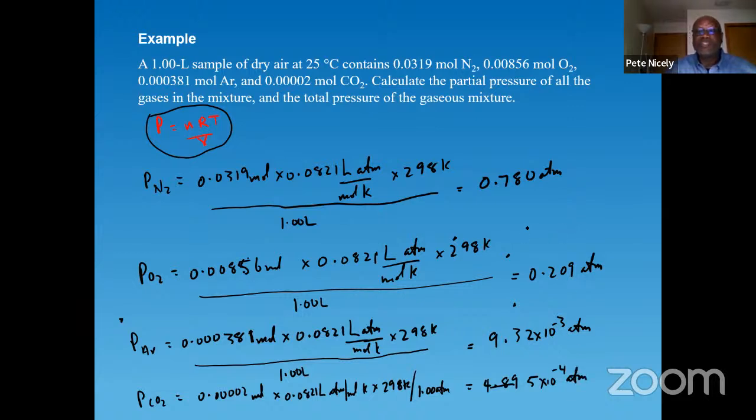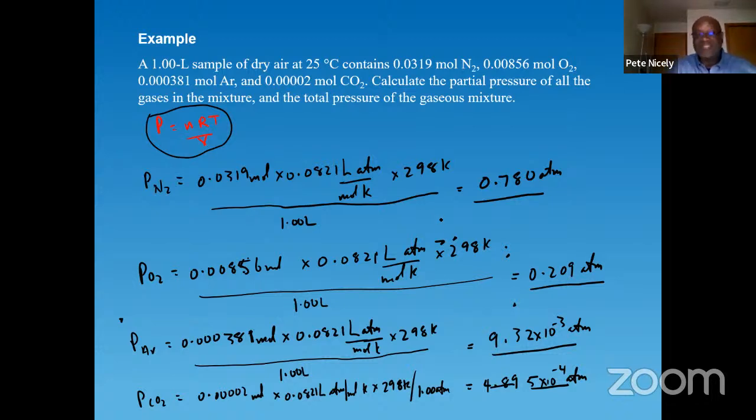And to get the total pressure, we simply add these together: 0.780 plus 0.209 plus 9.32 times 10 to the minus 3 plus 5 times 10 to the minus 4.